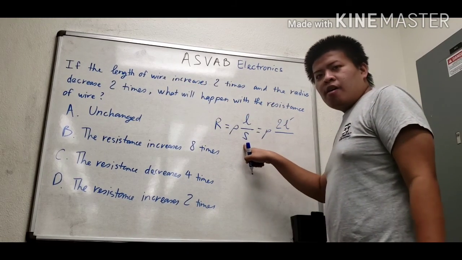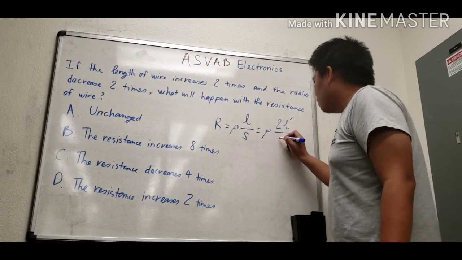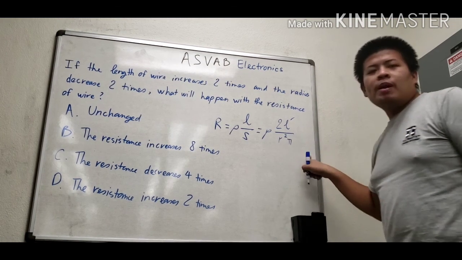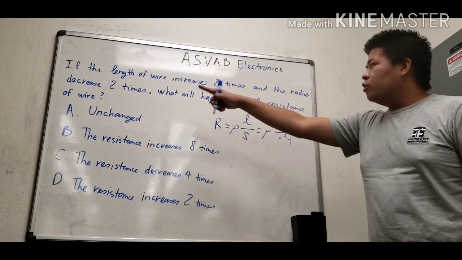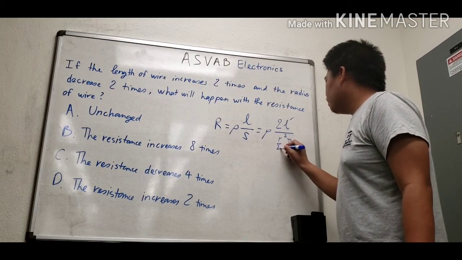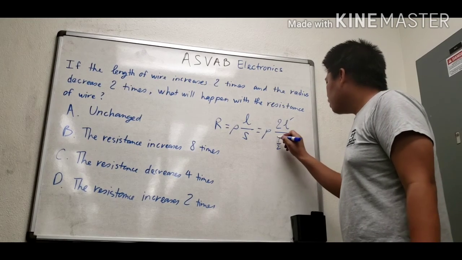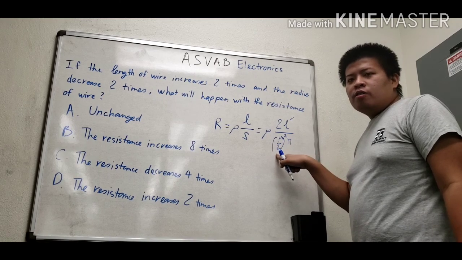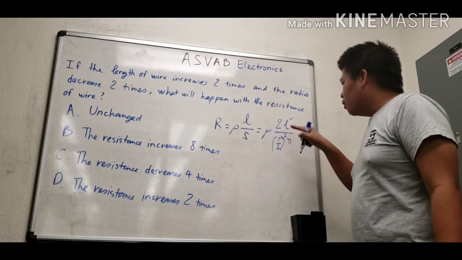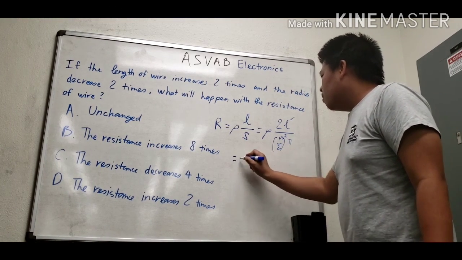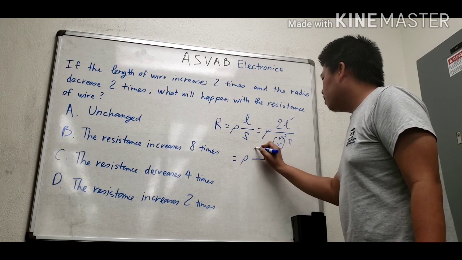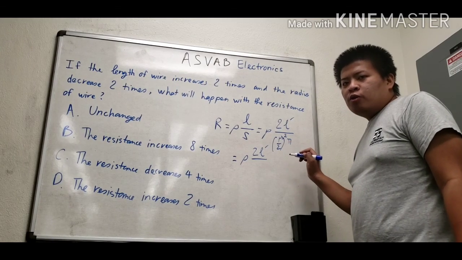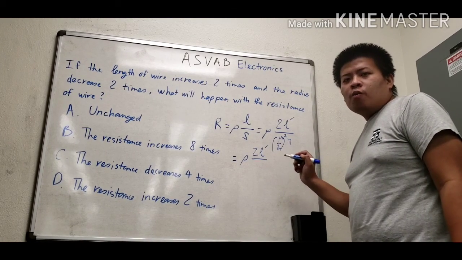But the area of the wire is pi times R squared. But right now the radius decreases 2 times, so the new one is pi times (R divided by 2). In here, we have the number 2 and we have the power 2. So this is rho multiplied by 2L over S, and we have 1 over 2 to the power 2, which is 1 over 4.